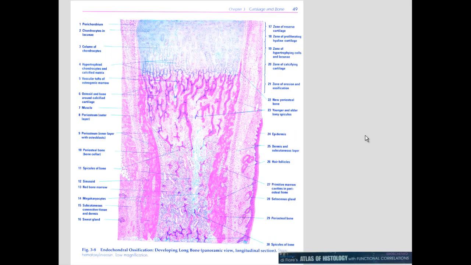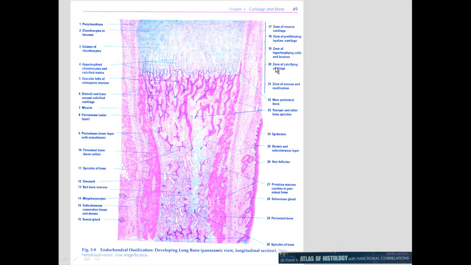If you look at the ends of growing bones, you can see there will be a cartilage plate up there, and in there are different zones. There's the zone of reserve, zone of proliferation or division, zone of hypertrophy when the cells are enlarged, and then the zone of calcification, and then finally the zone of erosion, where no longer do you have much cartilage associated with that.